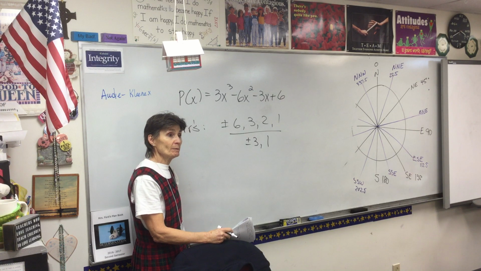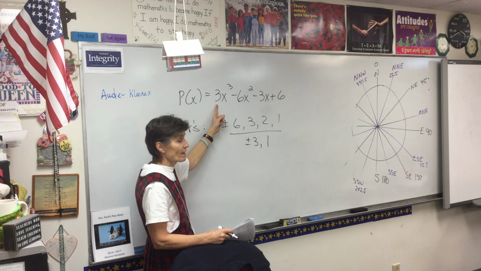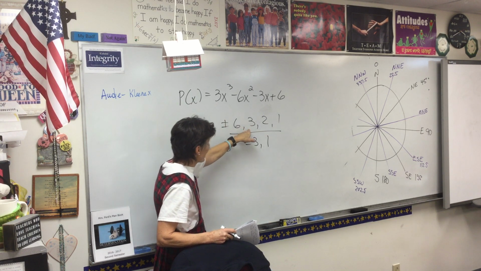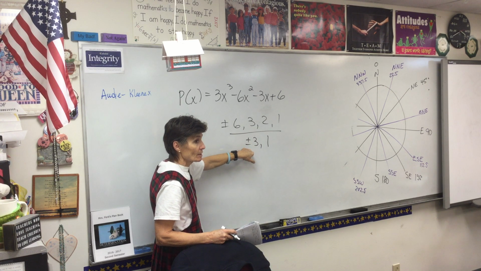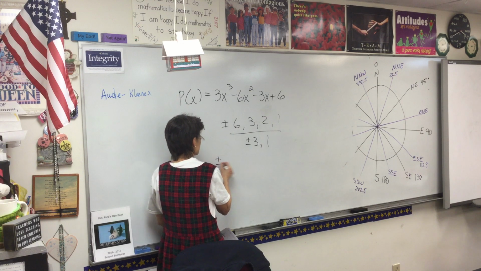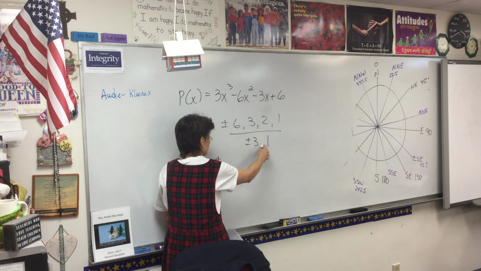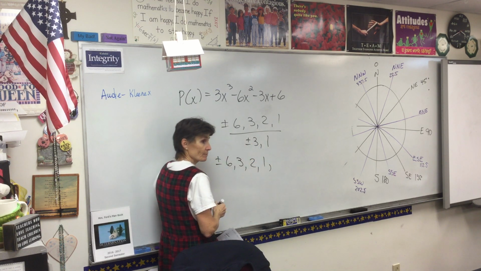Now, in most of the problems we did, that was a 1. So some of you got in the habit of ignoring it. You can't ignore that first number. It's the last factors over the first factors. Okay? So what does that mean? That means that you have 6 over 1, 3 over 1, 2 over 1, and 1 over 1.